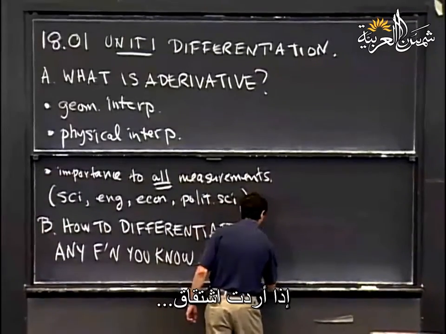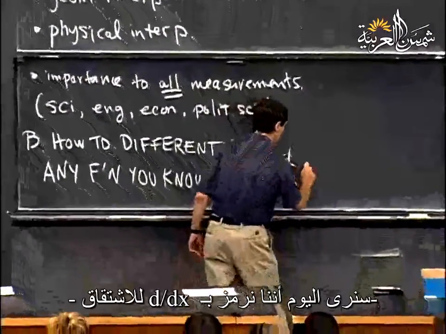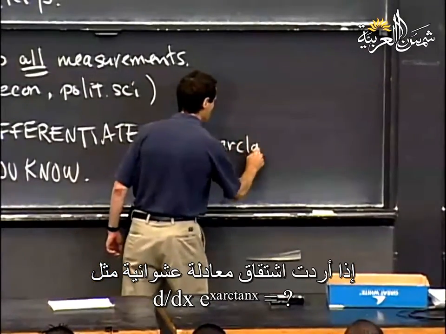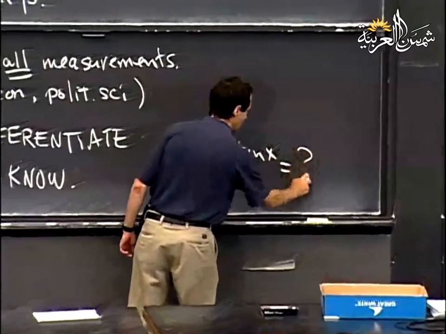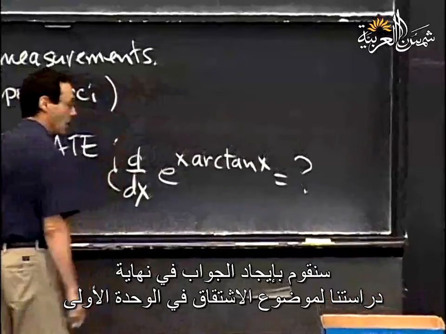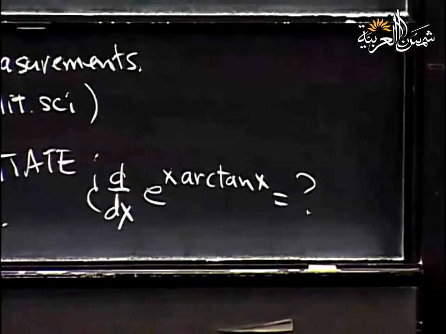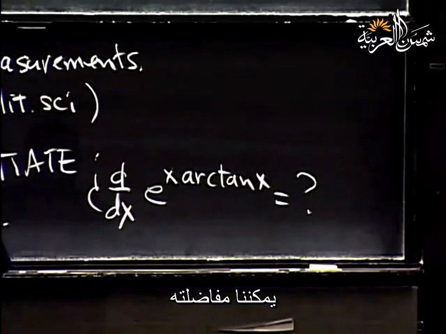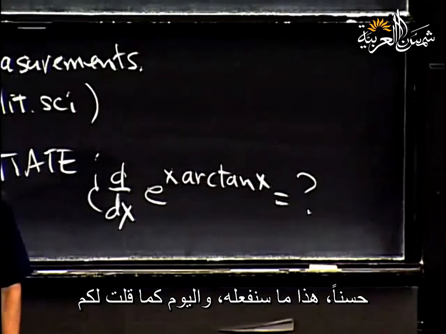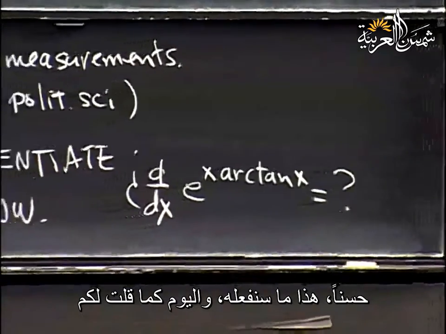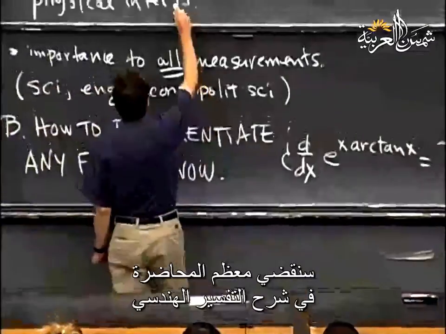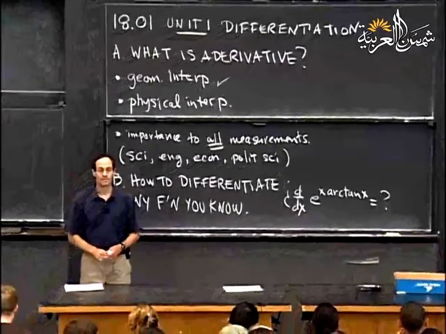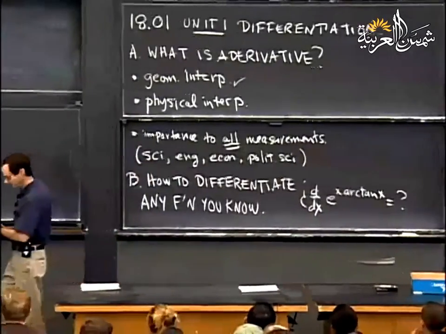If you want to take the derivative, this we'll see today is the notation for the derivative of something, of some messy function like e to the x arctan of x, we'll work this out by the end of this unit. All right? So anything you can think of, anything you can write down, we can differentiate it. All right, so that's what we're going to do. And today, as I said, we're going to spend most of our time on this geometric interpretation. So let's begin with that.